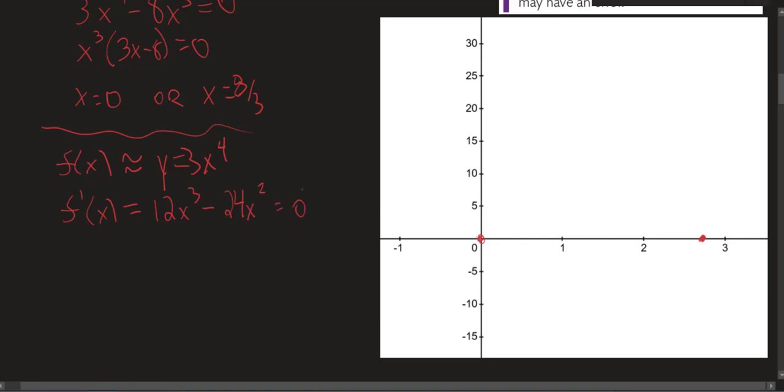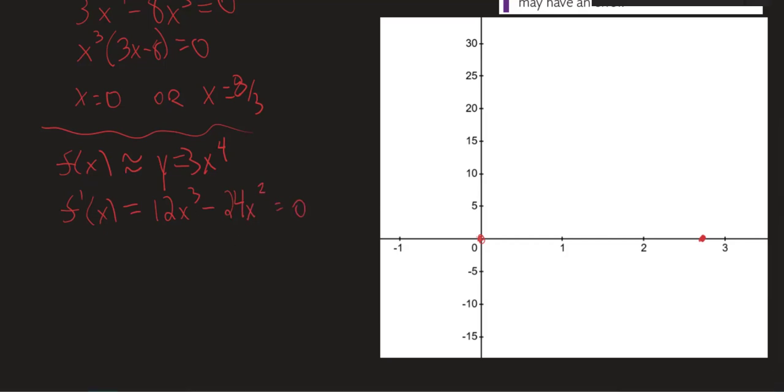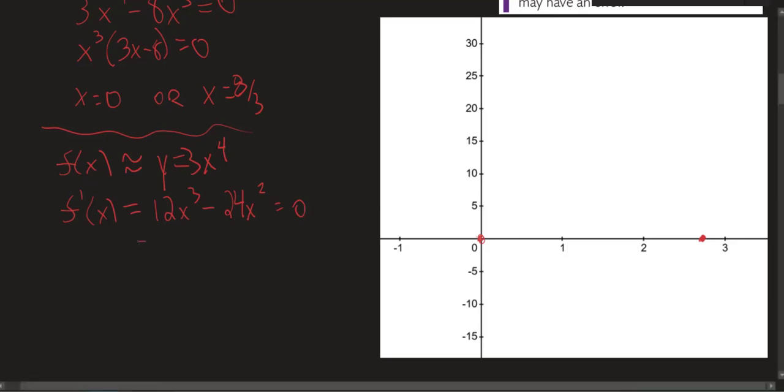Set that equal to 0. And then as we set that equal to 0, we can go ahead and factor it. So take out a 12x squared, and you'd have x minus 2. Set that equal to 0, and you have x equals 0 or x equals 2. So the critical numbers are 0 and 2.